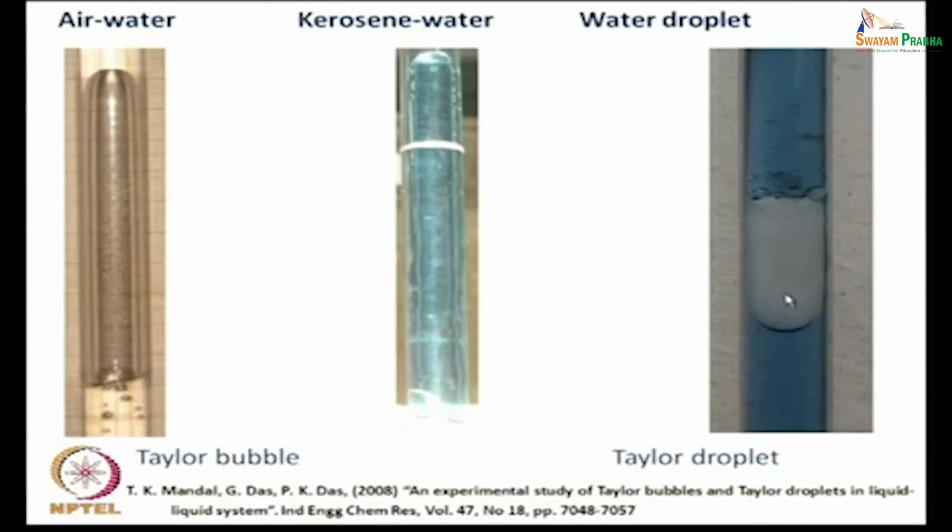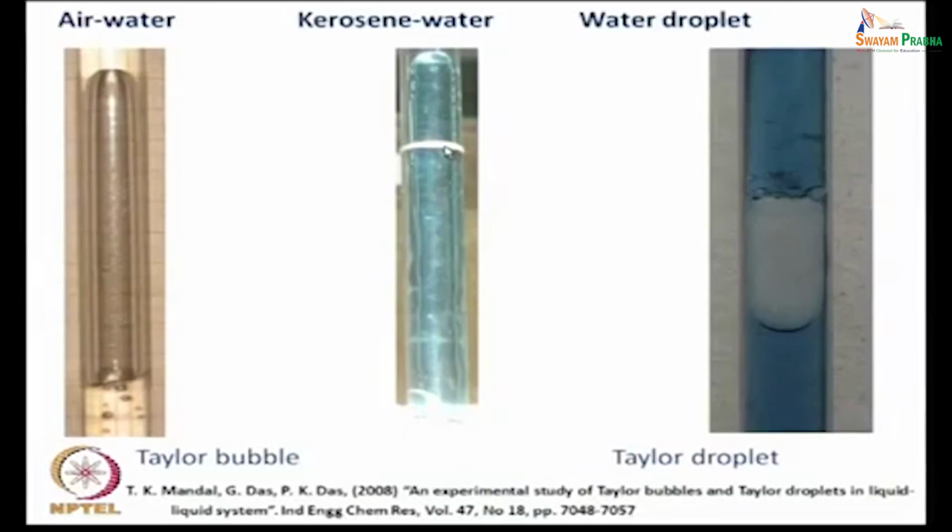But the Taylor bubble is less stable as when we keep on increasing the diameter, a Taylor droplet breaks off faster than a Taylor bubble. Number 1. Number 2, for the same pipe dimension, a Taylor droplet travels faster as compared to a Taylor bubble.